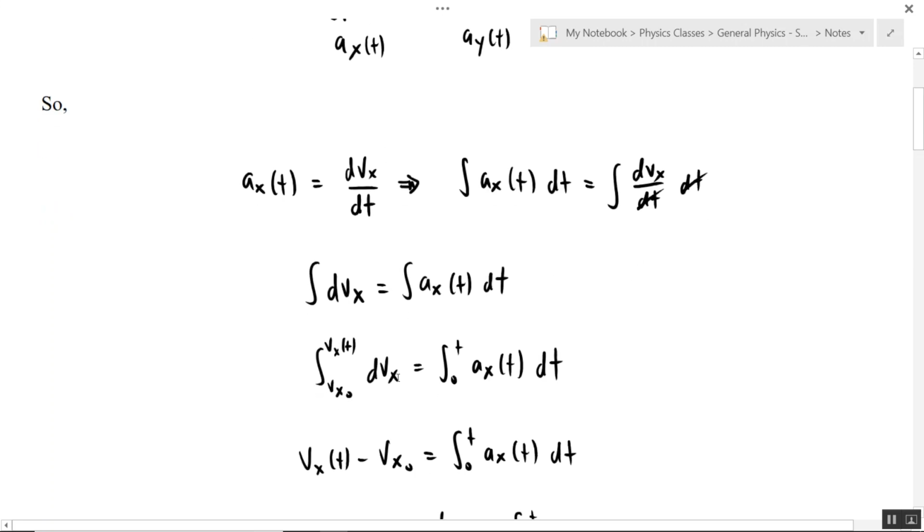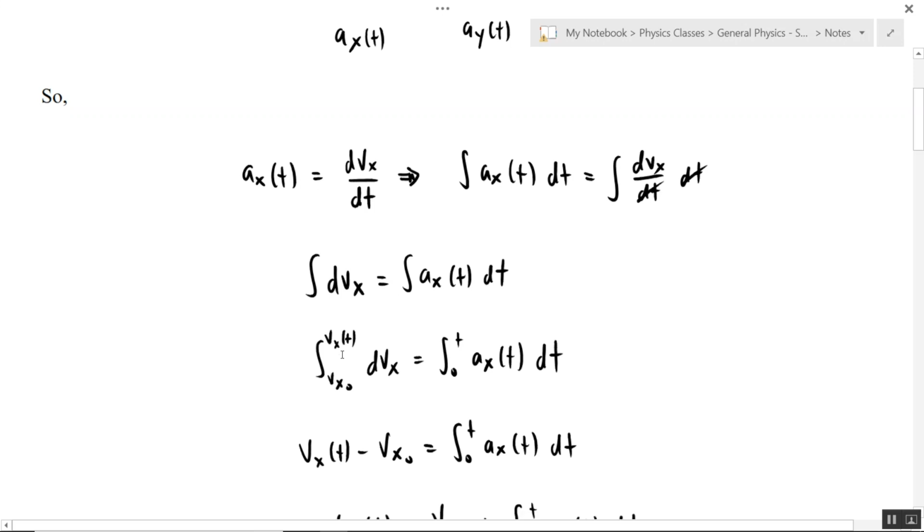So what we're doing here is integrating over time on both sides, from some initial time, 0, say, at t equals 0, to some arbitrary time. So you start at 0, and then you go to some time that could be arbitrary. The limits on the left-hand side go from the initial velocity, when t is equal to 0, to the final velocity at t. So this gives you Vx as a function of t.